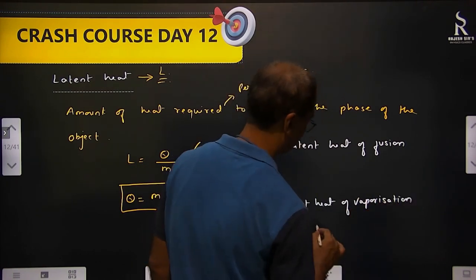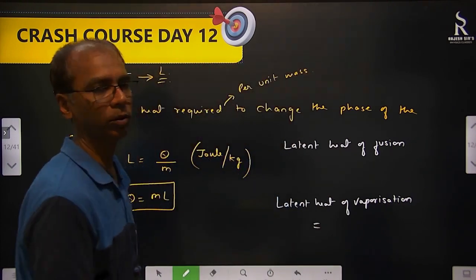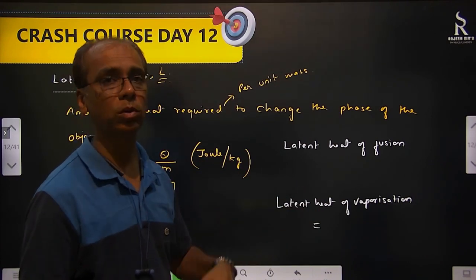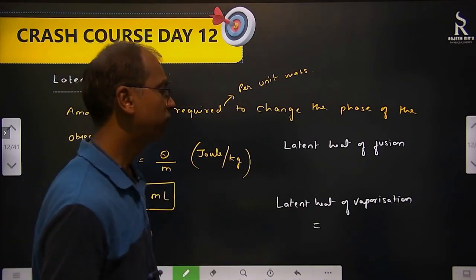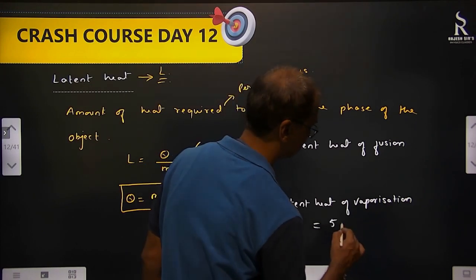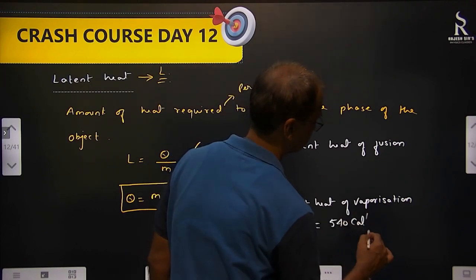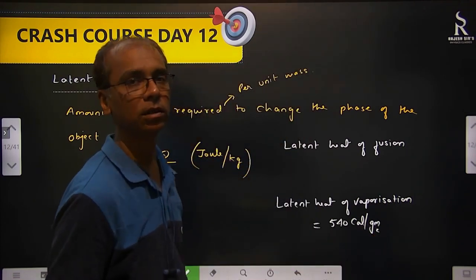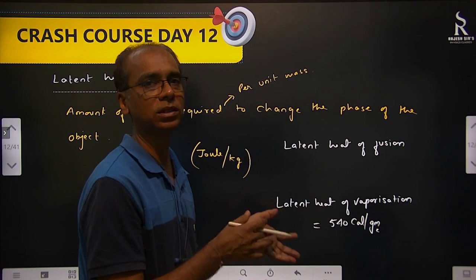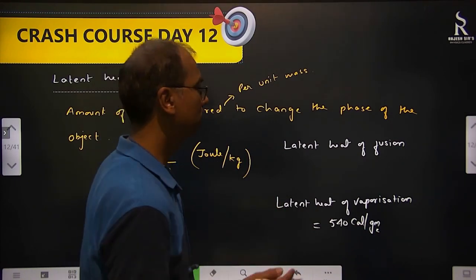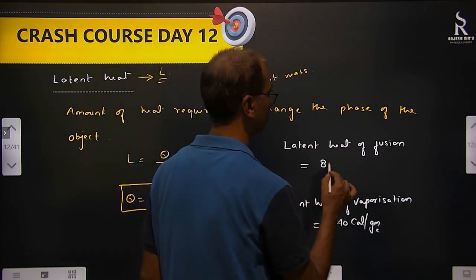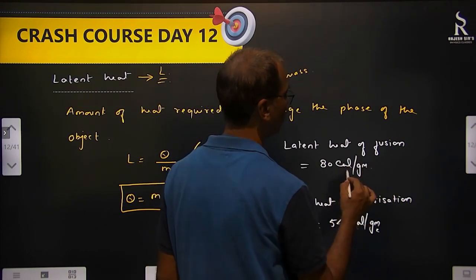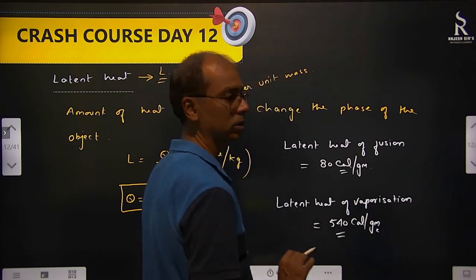Okay, normally we remember that latent heat of vaporization for water, when water converts into steam or steam converts into water. So, how much is latent heat? 540 calorie per gram. Okay, same way latent heat of fusion for ice, that means when water converts into ice or ice converts into water. What is the latent heat involved? That is 80 calorie per gram. We remember that. And question also will be asked mainly on water and nothing else.